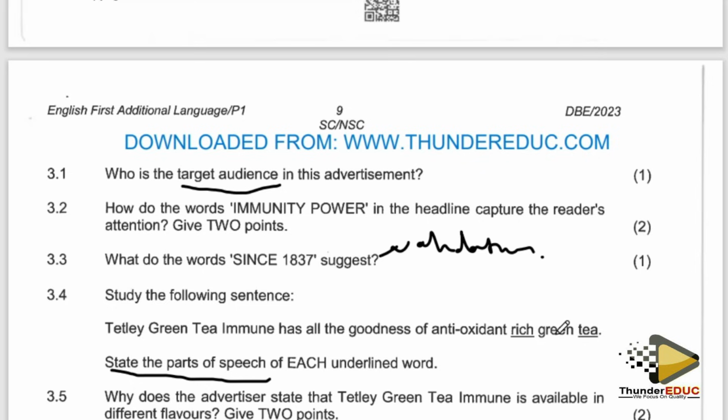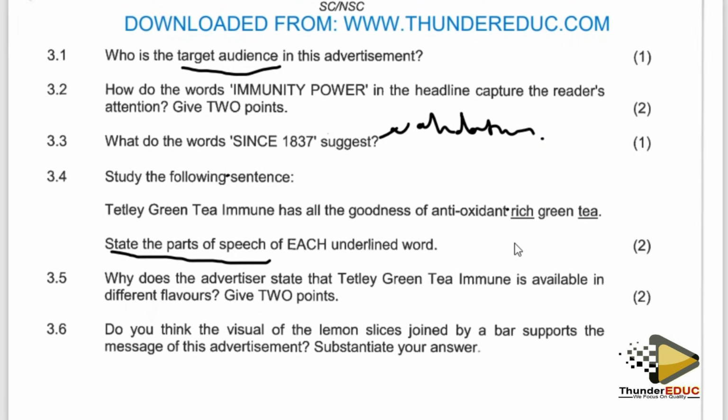Rich is adding quality to green, so which means rich is an adjective. This becomes our adjective. Tea becomes our noun. Those are our parts of speech for the 2. That is adjective, description, and then that is tea, which is the noun.